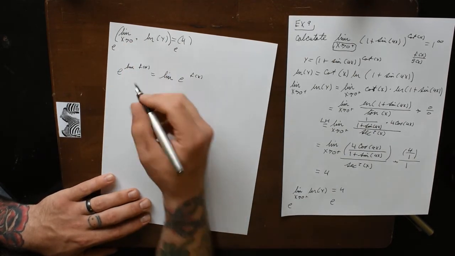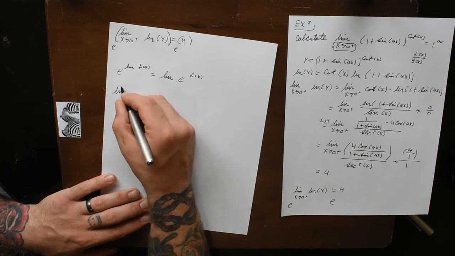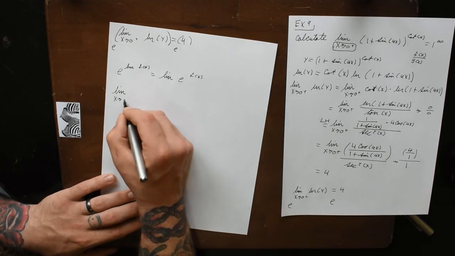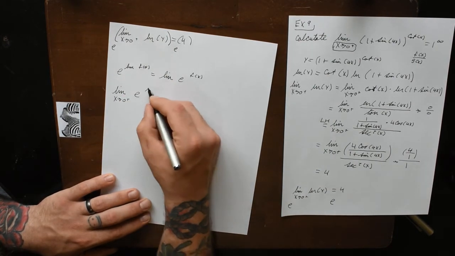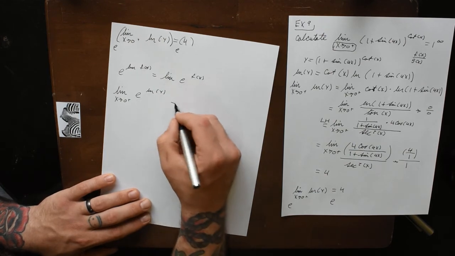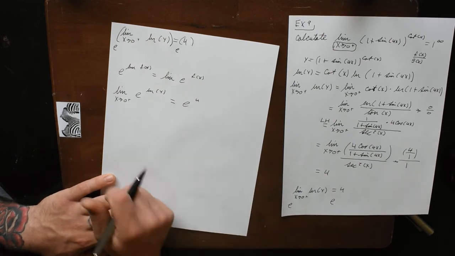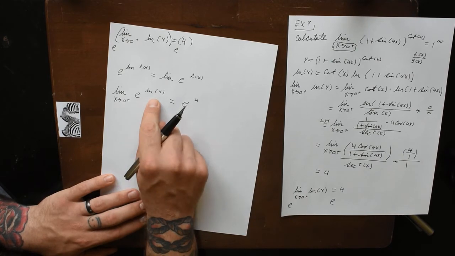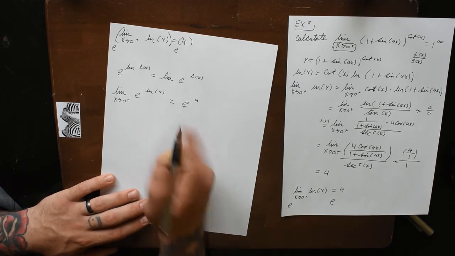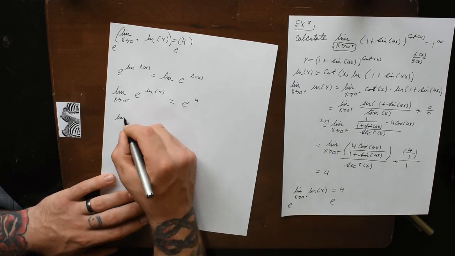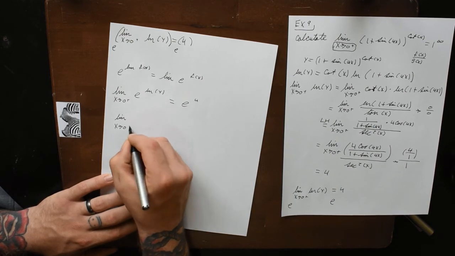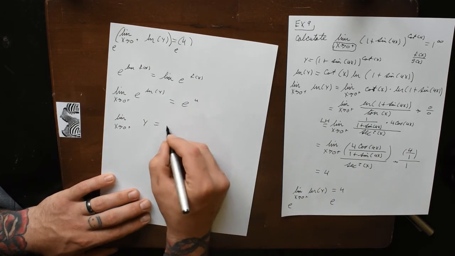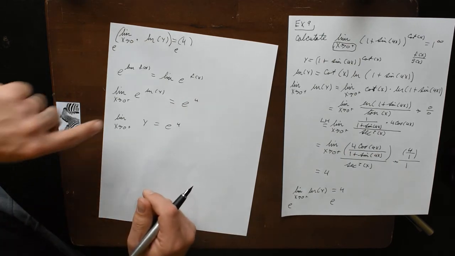This left-hand side becomes the limit as x goes off to 0 from the right of e to the natural log of y, and that's equal to e to the 4th. Well, e to the natural log of y is just y. So we get the limit as x goes off to 0 from the right of y is equal to e to the 4th, which is the answer we want.